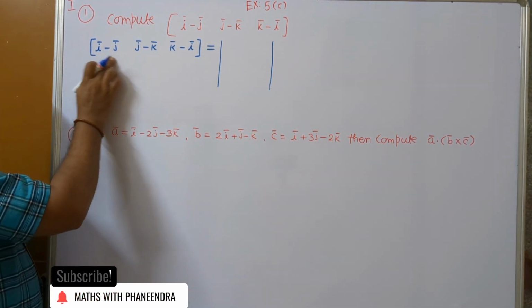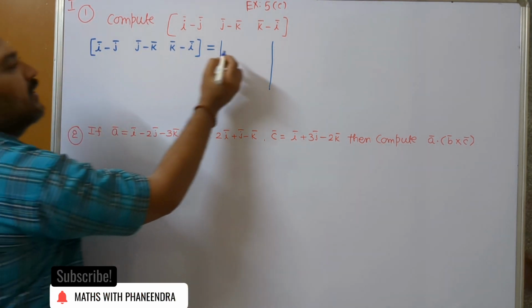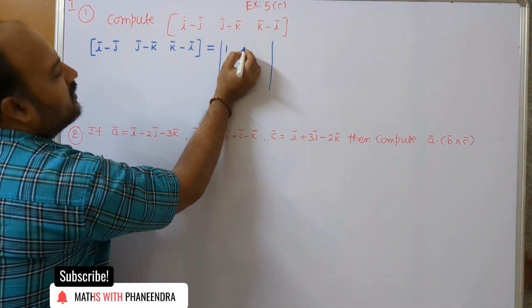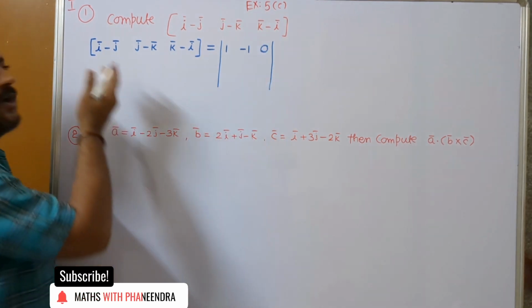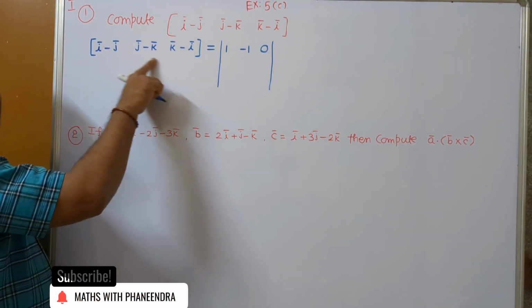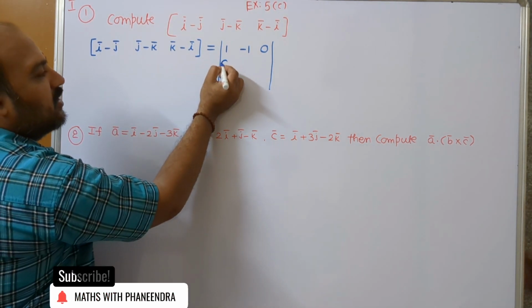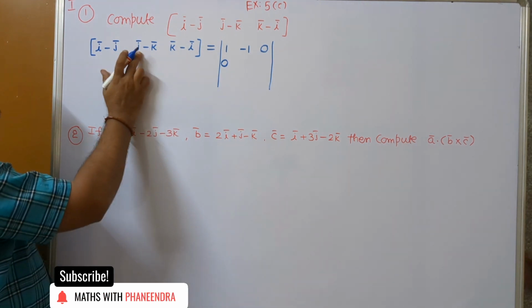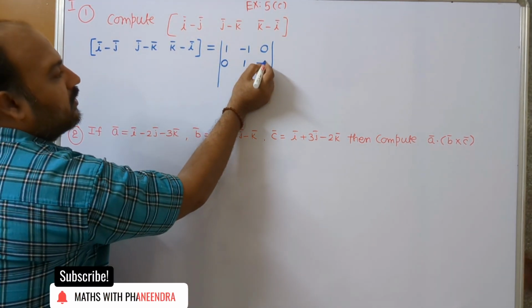In this first vector, i, j, k is not all available. So i bar coefficient 1, j bar component minus 1, k bar component is 0. It is not there. In the second vector, i bar coefficient component is not there. So i bar is not there means the component is 0. j bar component is 1. k bar component is minus 1.